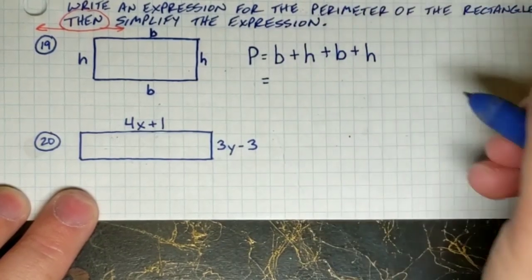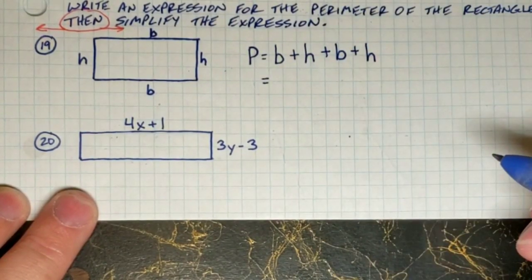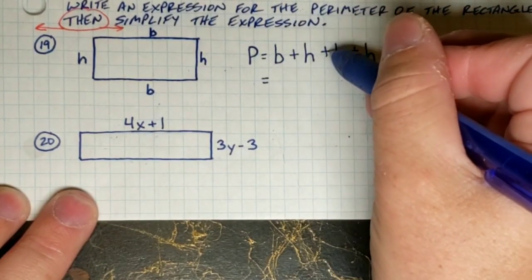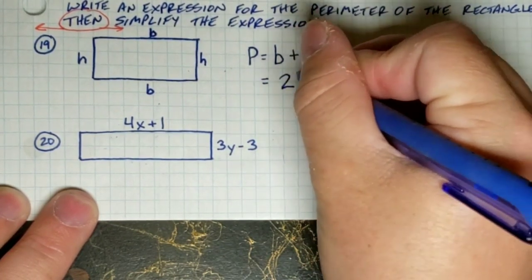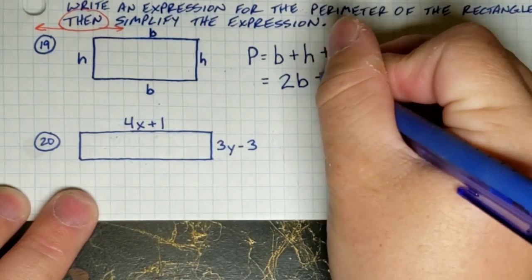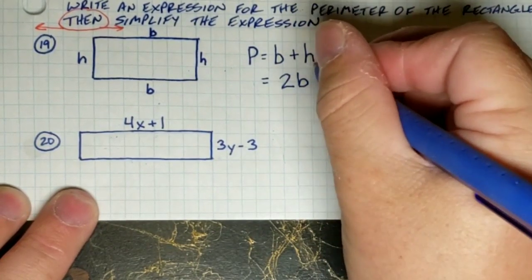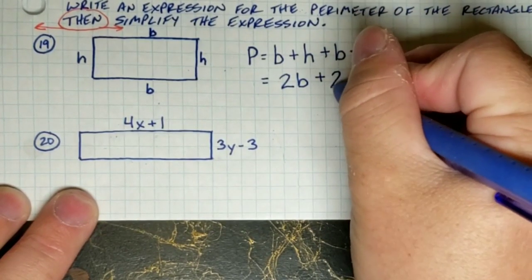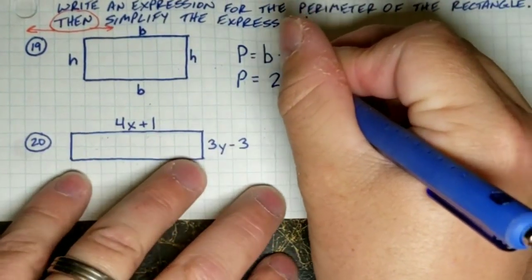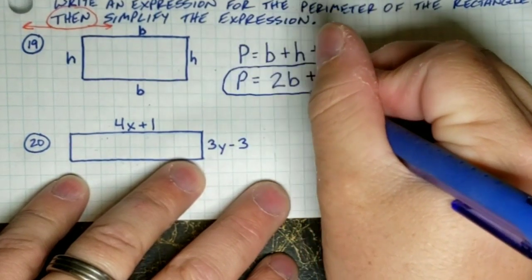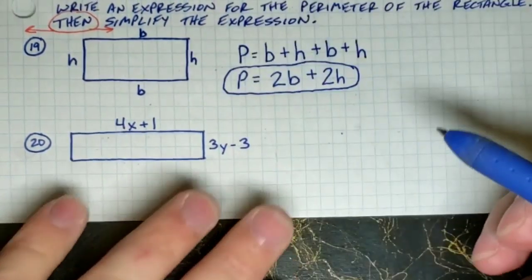All right, what of this could be simplified? What of this could be combined? Well, b plus b, 1b plus 1b is 2b, and h plus h, 1h plus 1h is 2h. So there is a simplified expression for the perimeter of this rectangle.